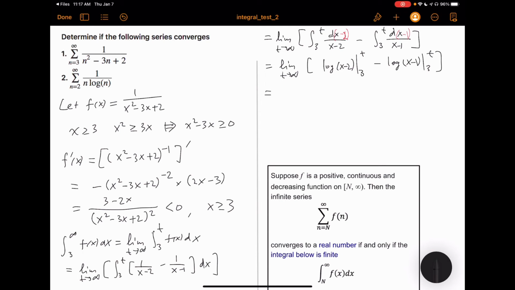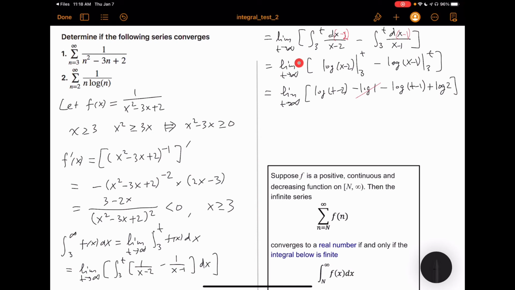So this is equal to the limit as t tends to infinity of log of t minus 2, subtract log of 3 minus 2, which is log 1, subtract log of t minus 1 plus log of 3 minus 1, which is 2, so log 2. We can delete the log 1 item, which is 0.